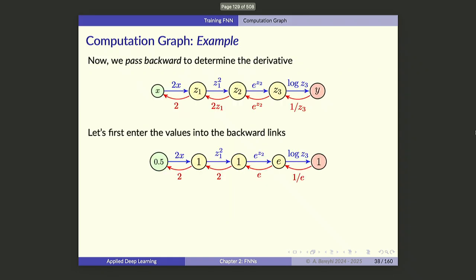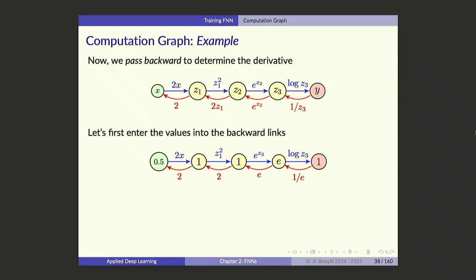Since it does know it, it's going to put it on that computation graph. Now it wants to compute dy with respect to dz, so it's going to see that this function is 1 over z3. It's going to take this e, which is the value of z3, and put it in that function. It's going to be 1 over e, right?